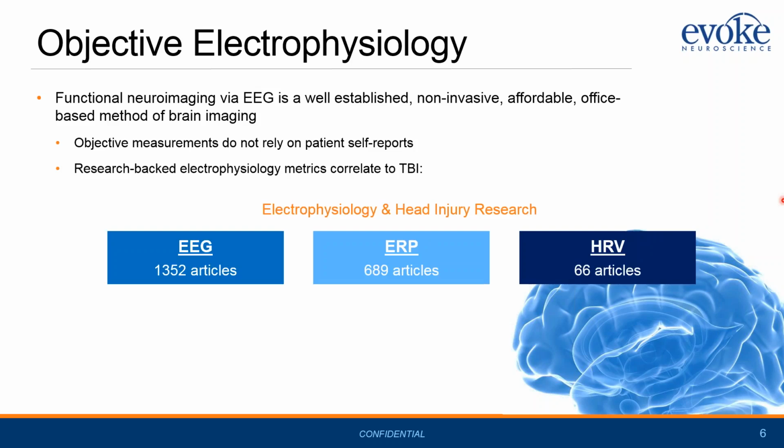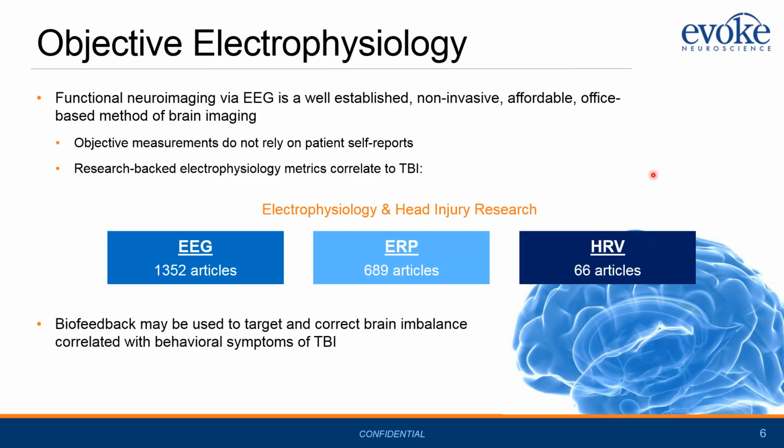And there are a lot of research-backed electrophysiology metrics correlating to TBI. This is a very well-researched part of electrophysiology, how it relates to head injury. And we're going to be talking today about EEG, ERPs, HRV. If you want to do a quick Google search on your own, you'll find plenty of research to do further reading.